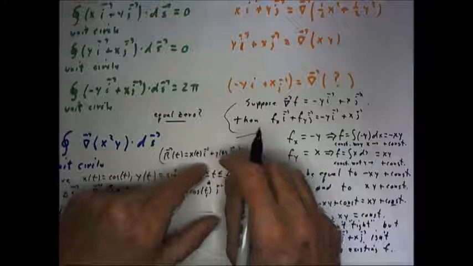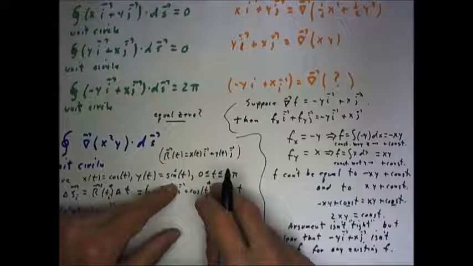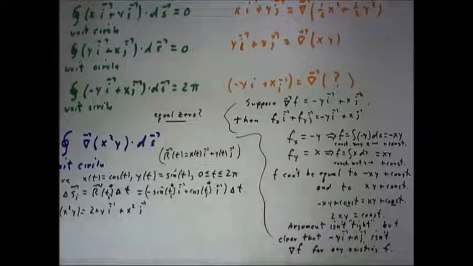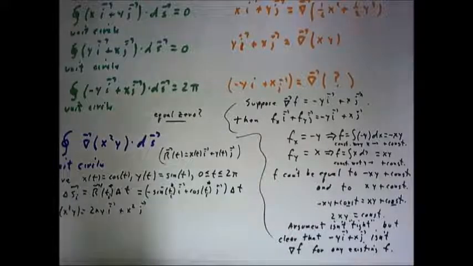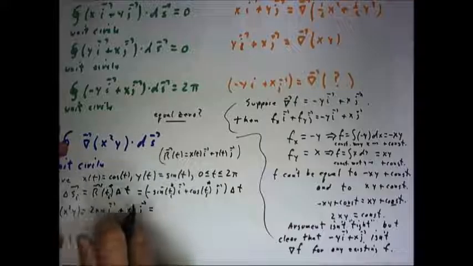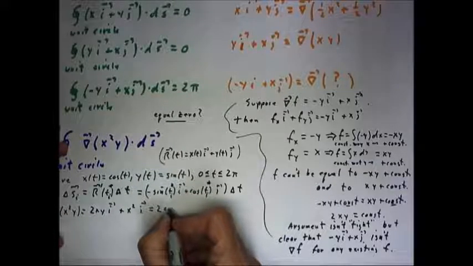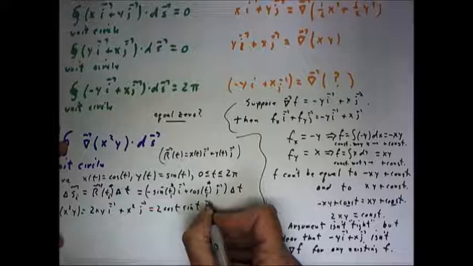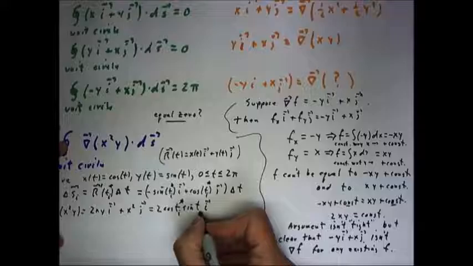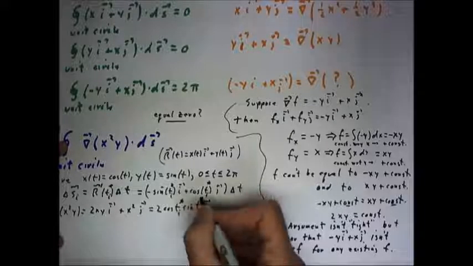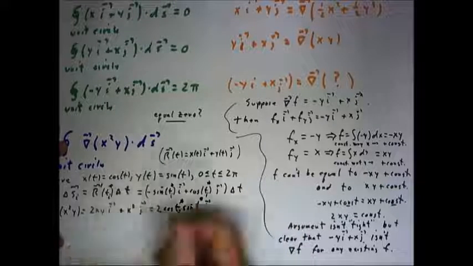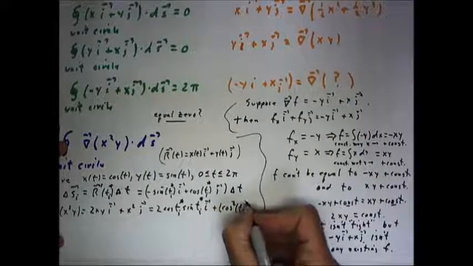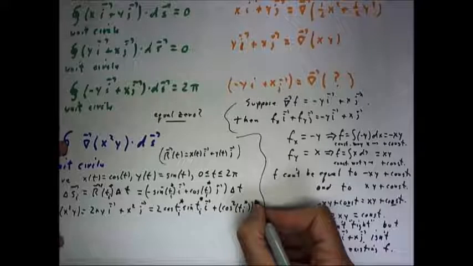At the point ti, with this parameterization, we get 2 cosine t sine t times i, where t is evaluated again at the sample point ti star, plus x squared j, which would be cosine squared of ti star times j.